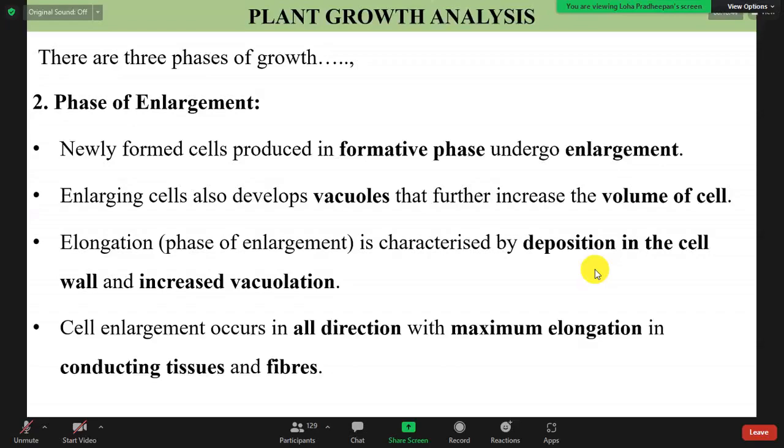So cell enlargement can occur in all directions, with maximum elongation in conducting tissues and fibers.